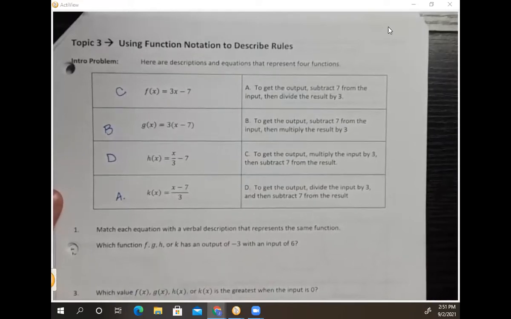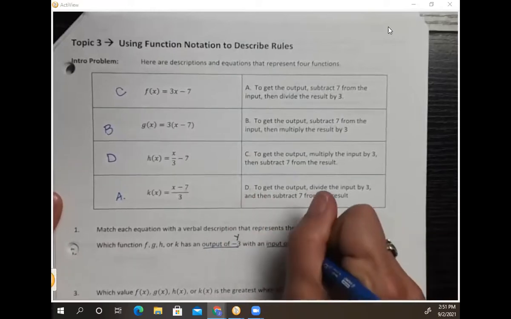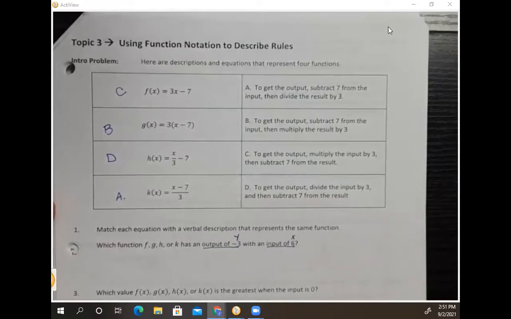I want to know which of these functions has an output of -3 with an input of 6. Remember, output is our y value and input is our x value. So how can I determine an answer to this question?